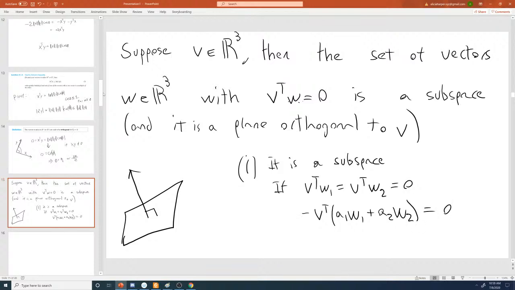But that follows simply from the fact that this is the same thing as A1 times V transpose W1 plus A2 times V transpose W2. And we know that this quantity right here and this quantity right here vanish. So that shows that it's a subspace.